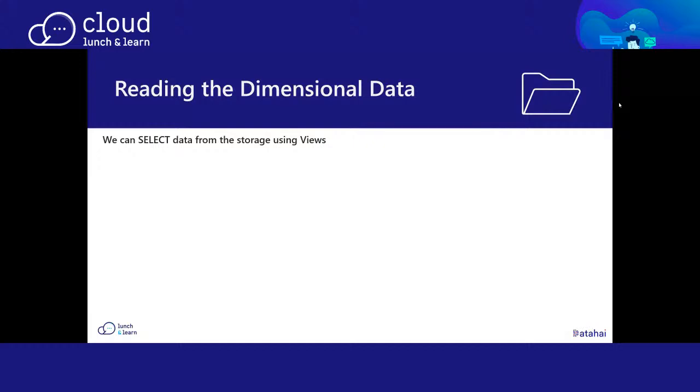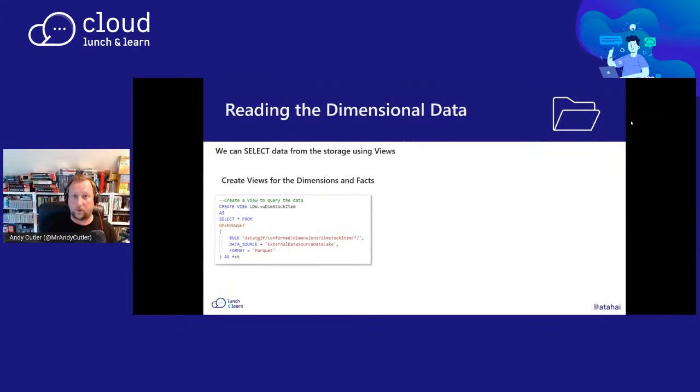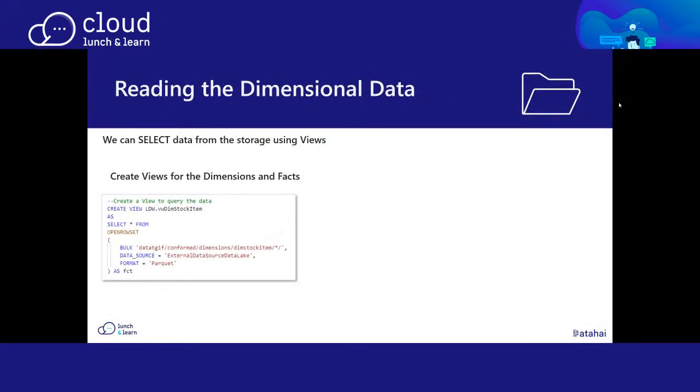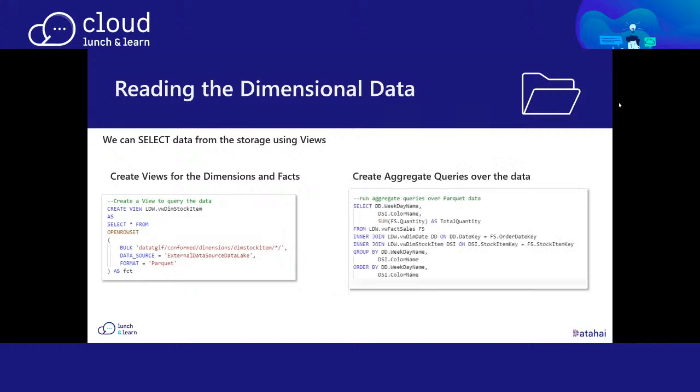The data itself from the data lake will not be dropped, and I can create views on top of that data. So now I'm creating a view to select my dim stock item dimension purely from that processed Parquet file. And I can create aggregate queries over that data by joining my fact data together with my dimension data.